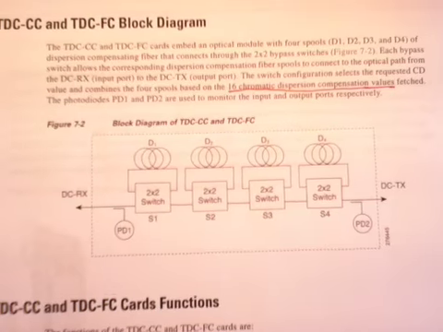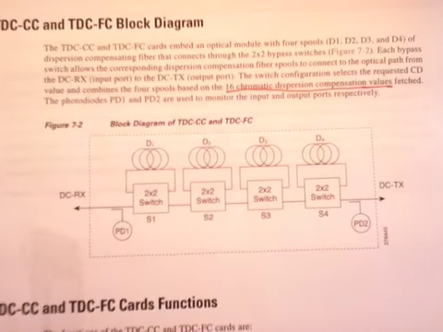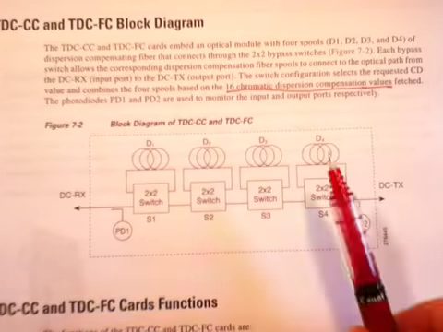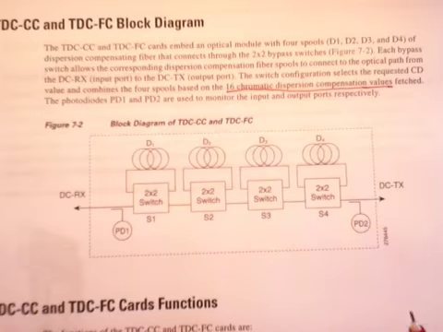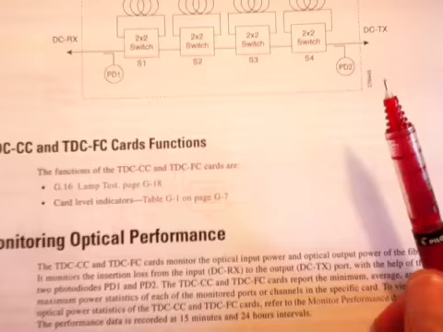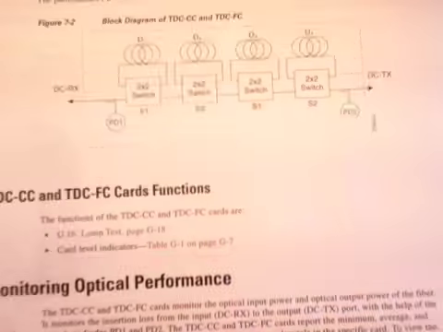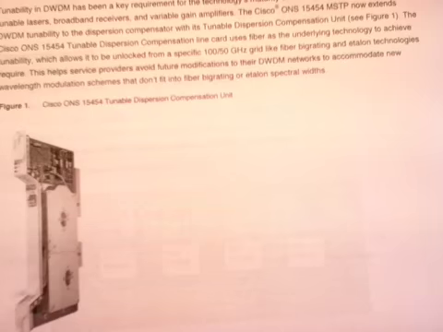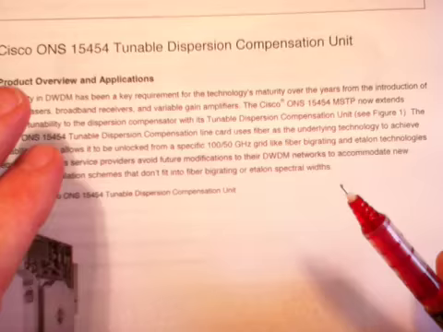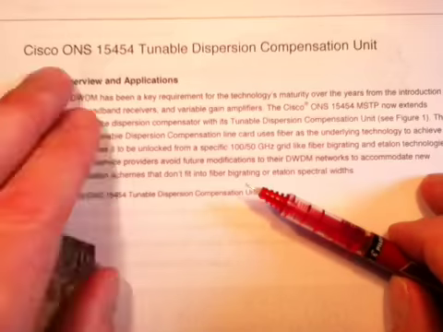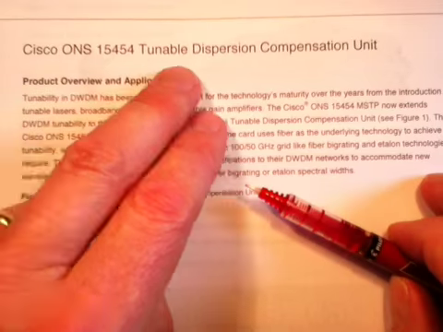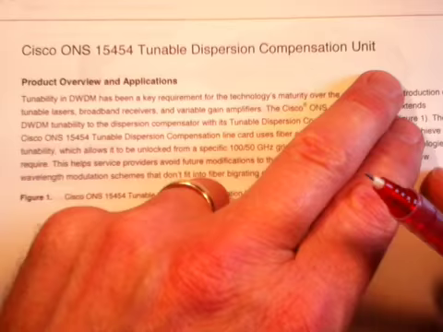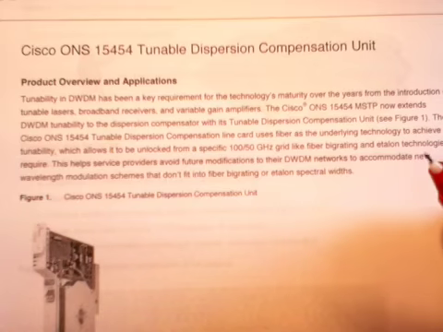There's a fair amount of loss associated with these 2x2 switches, and there's a lot of loss associated with the dispersion compensating fiber. Here's a separate document which you could Google, Cisco ONS 15454 Tunable Dispersion Compensation Unit, and find.